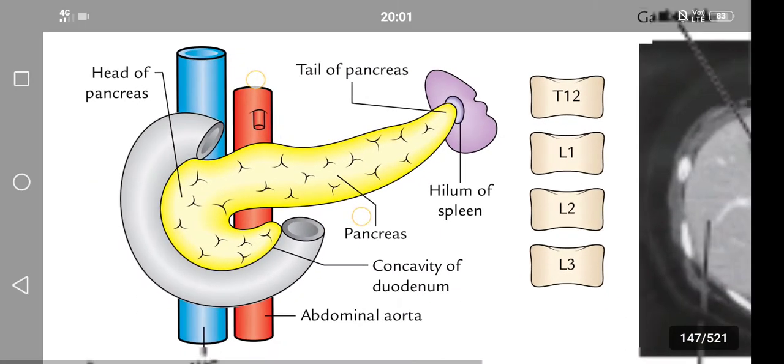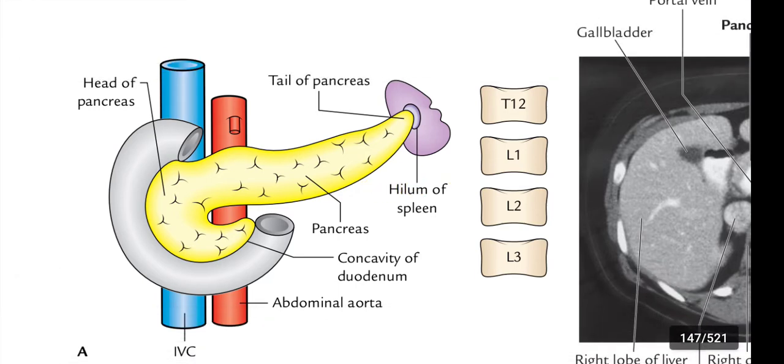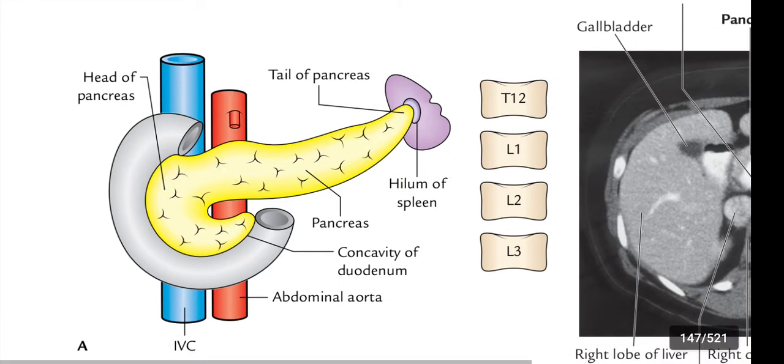Coming to the figure, this is the pancreas, present on the posterior abdominal wall. It is more or less horizontal.